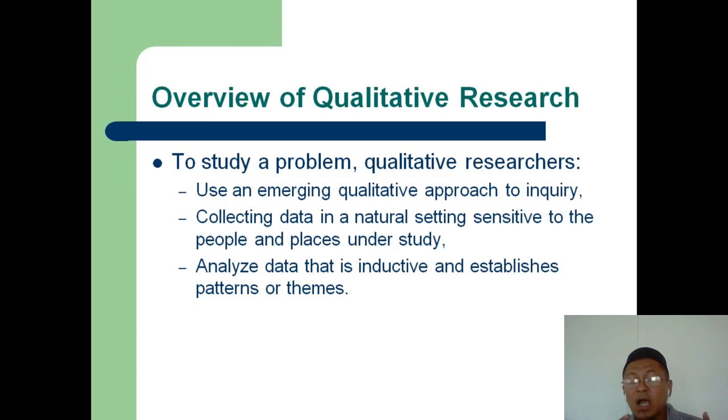From the data you identify patterns and come up with the theory. And as I've mentioned, it is possible to start a qualitative research with a theory, using that theory as a lens to look into the data. Later on this theory will probably be changed at the end of the study.